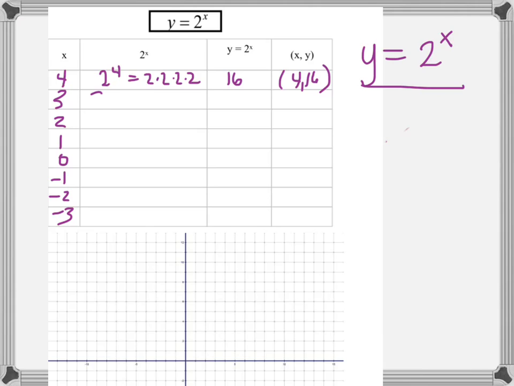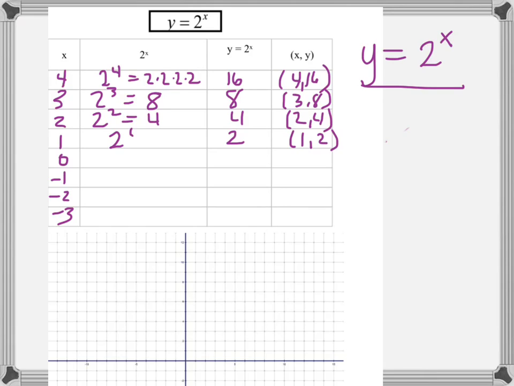And 2 to the 3rd would be 8, so it would be 3, 8. 2 squared would be 4, so that is 2, 4. 2 to the first power is just 2, so we have 1, 2. Okay, 2 to the 0 power. If you recall, anything to the 0 power is going to be 1, with one exception. 0 to the 0 power is not defined.